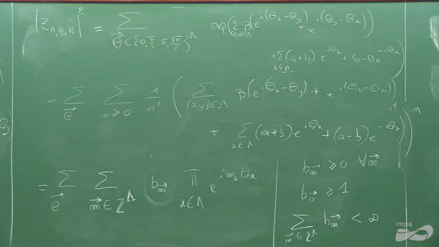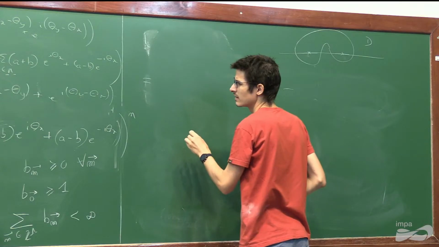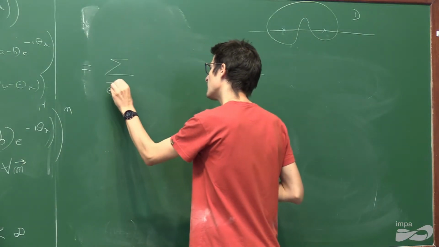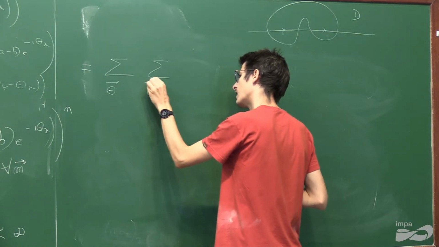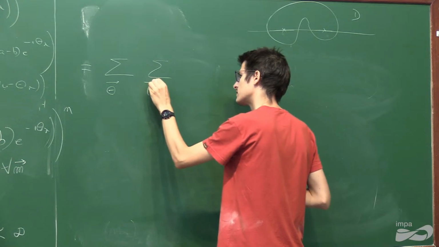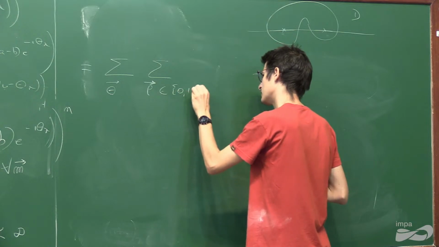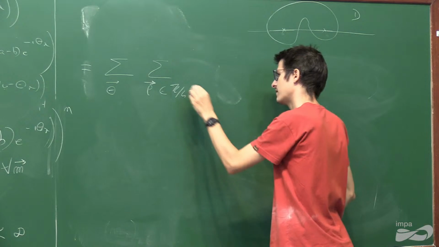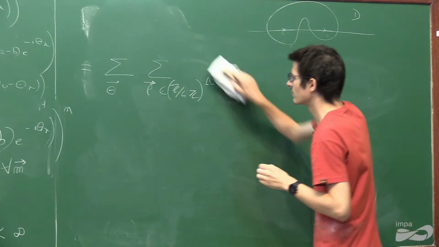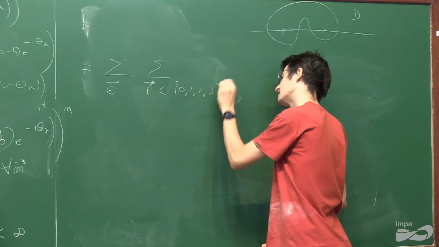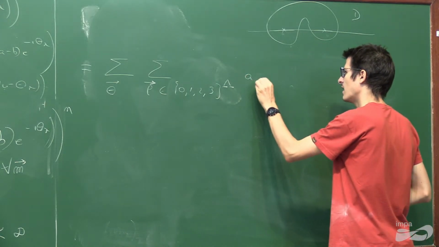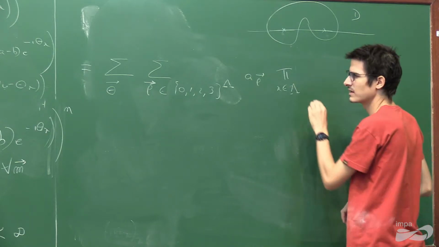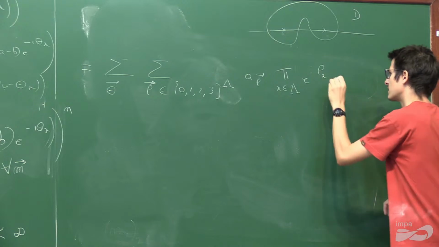So this thing is equal to the sum over θ, the sum over, let me call it ℓ, in {0, 1, 2, 3}^Λ, A_ℓ, product over x in Λ of exponential i ℓ_x θ_x.